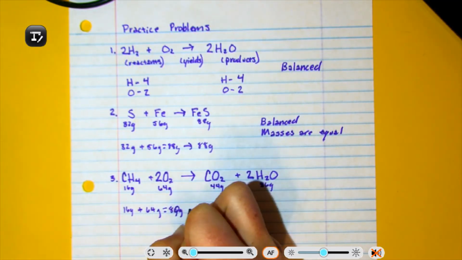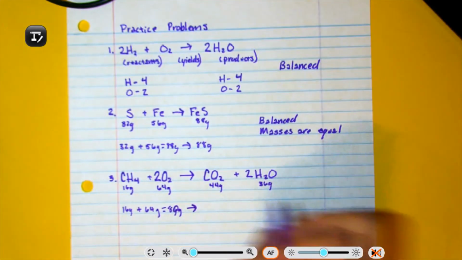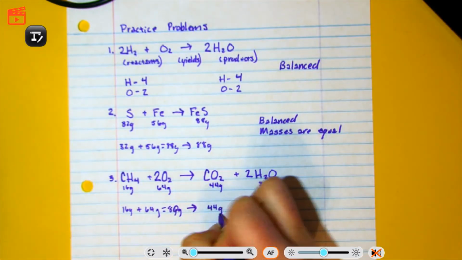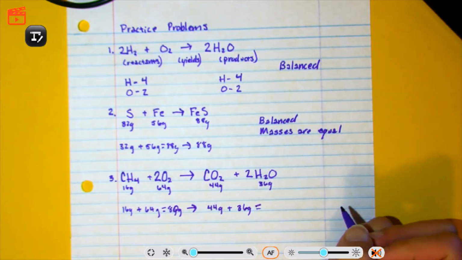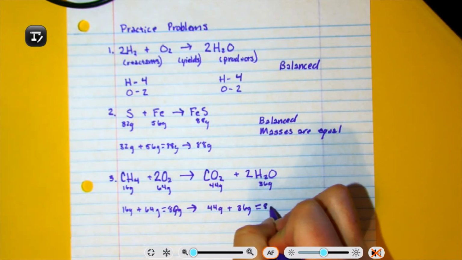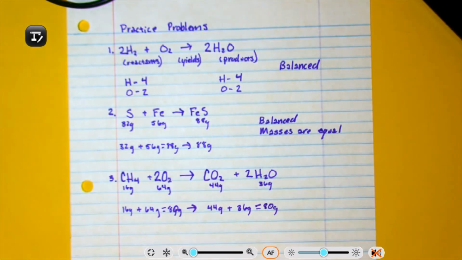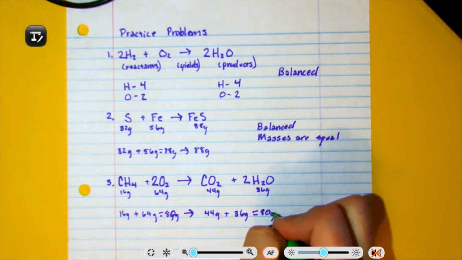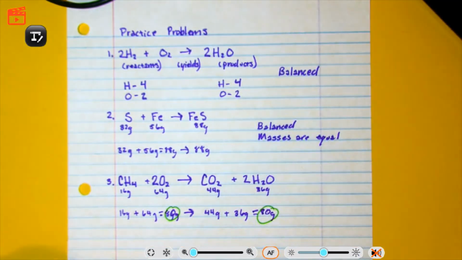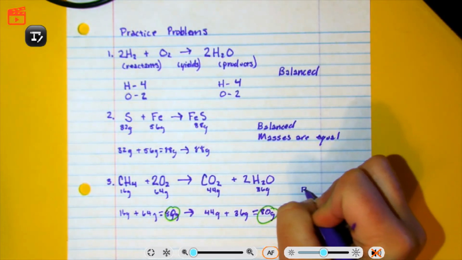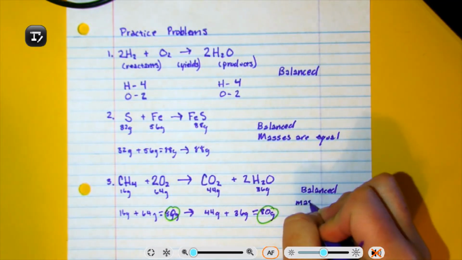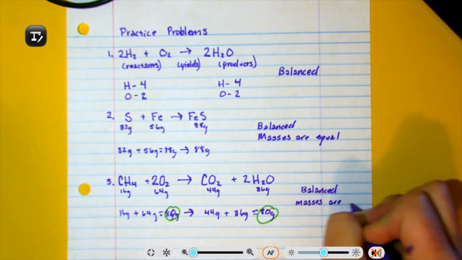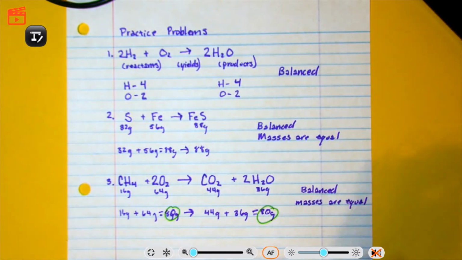And then on my product side, I have 44 grams plus 36 grams, and that would also equal 80 grams. So I have 80 grams on this side, 80 grams on that side. Do those equal? Yes, so this is balanced. Masses are equal.